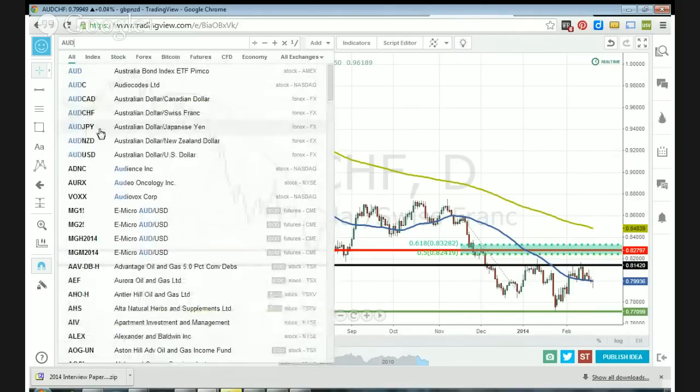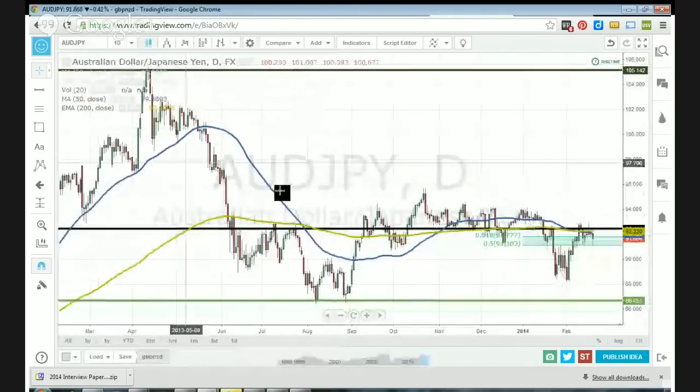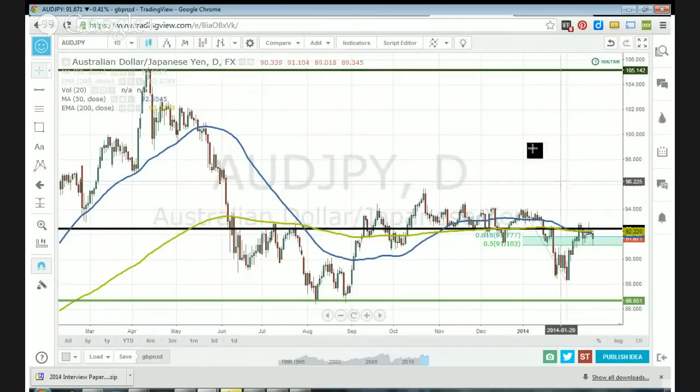Aussie yen. Yeah, we see this low. Now this could be an interesting short. Let's see the trend on the weekly chart.